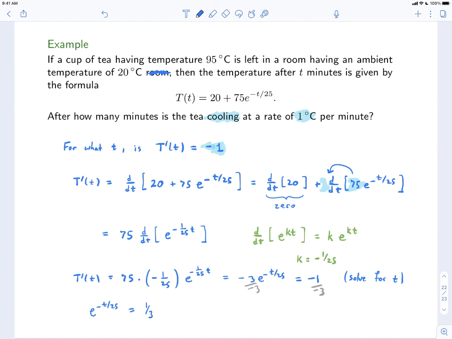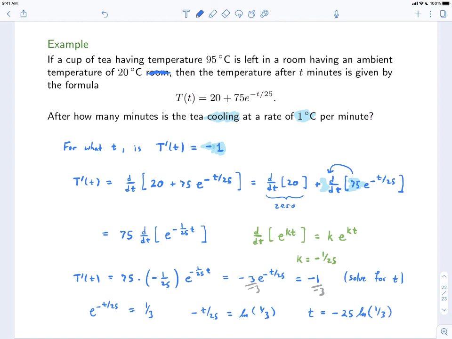Now we apply the natural logarithm to both sides, and we'll have negative t over 25 is equal to the natural logarithm of 1 over 3. And so solving for t, we get that t is equal to negative 25 times the natural logarithm of 1/3.